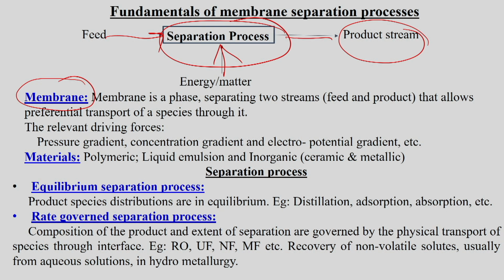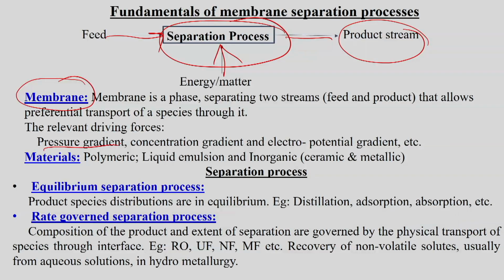Generally we say a semi permeable barrier, and it preferentially separates a particular component, resisting one and allowing the other to pass through it. The relevant driving forces are pressure gradient, concentration gradient, electropotential gradient, etc. The materials are polymeric, liquid emulsion, and some inorganic like ceramics and metallic.